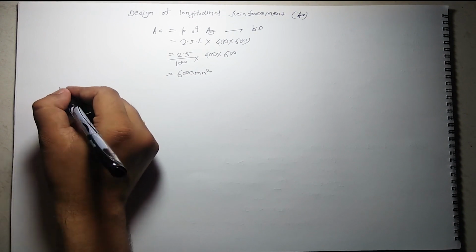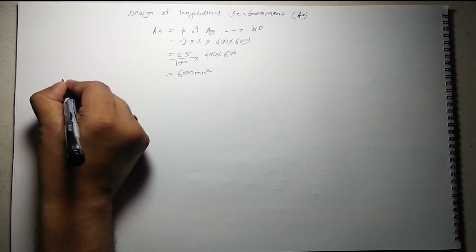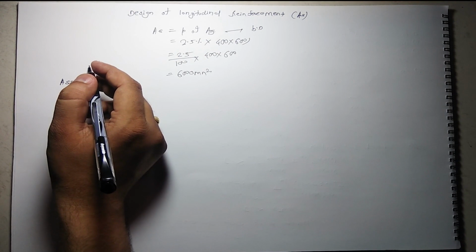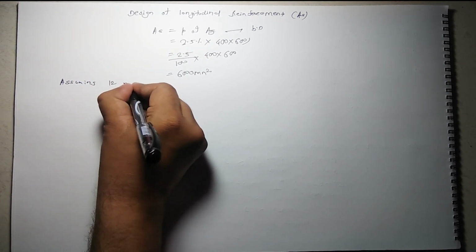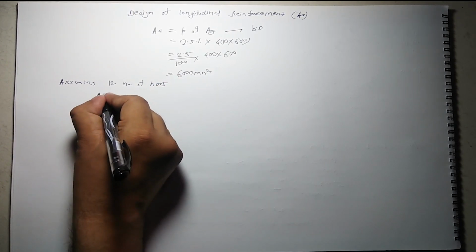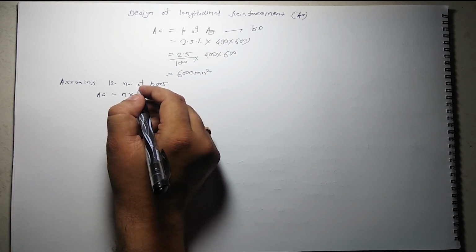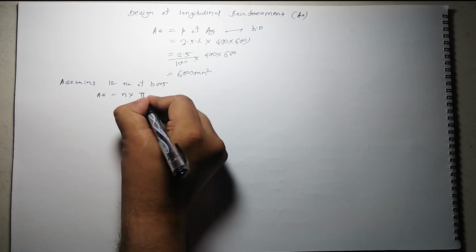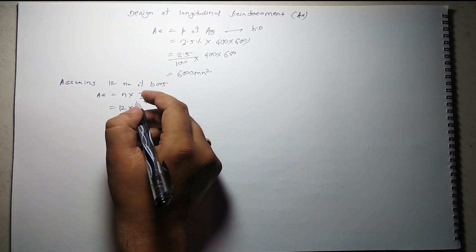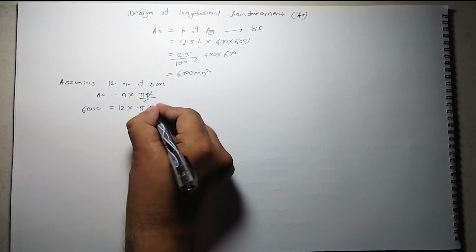So assuming the number of bars, let us say 12 number of bars. So let us calculate the area, then n into pi d square by 4, so we have 12. Okay, and then we know this 6000, so we need to calculate the diameter.